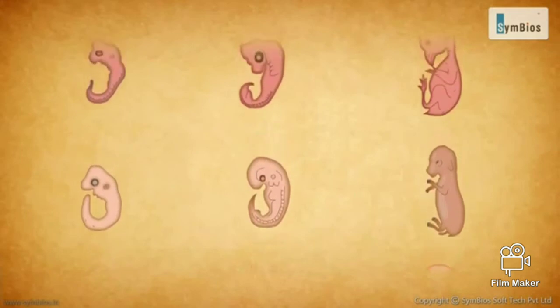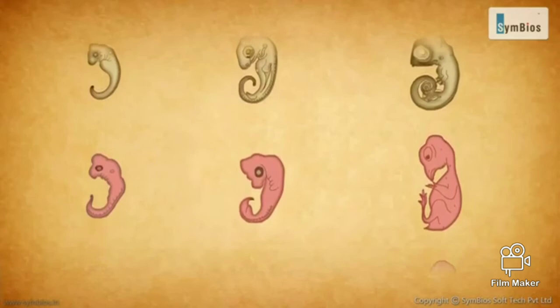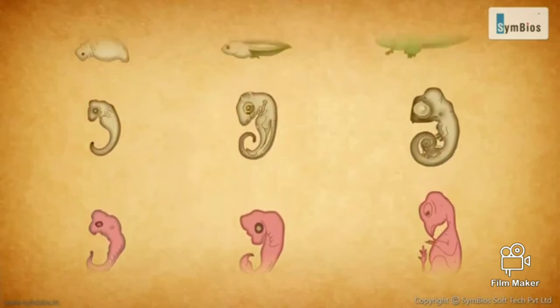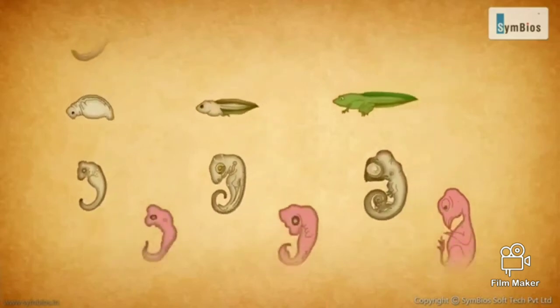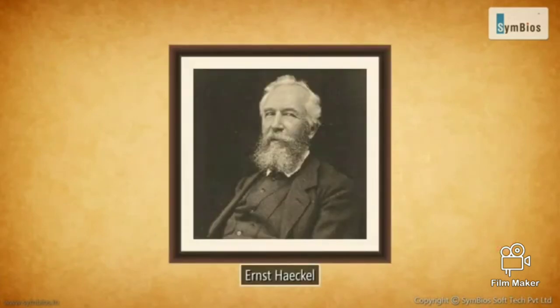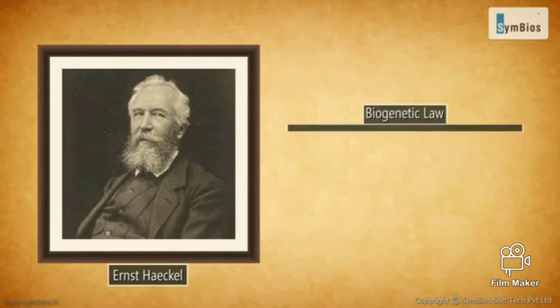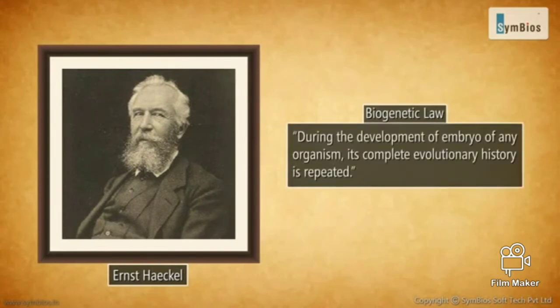These similarities in the embryo development provide the evidence of organic evolution. On the basis of these similarities in embryo development, Haeckel proposed the biogenetic law, which states that during the development of the embryo of any organism, its complete evolutionary history is repeated.